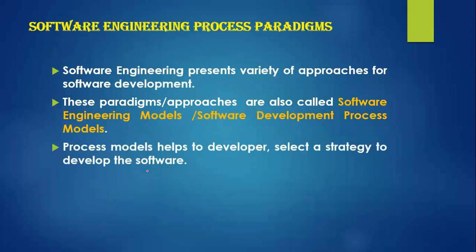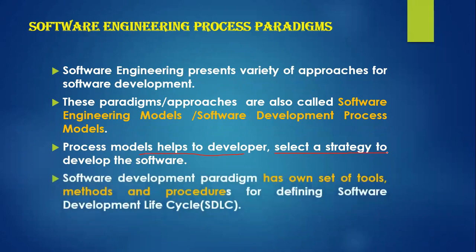These process models help the developer by selecting a different strategy to develop the software product. Software development paradigms have their own set of tools, methods, and procedures for defining the SDLC phases.